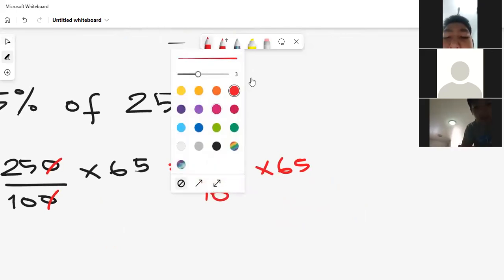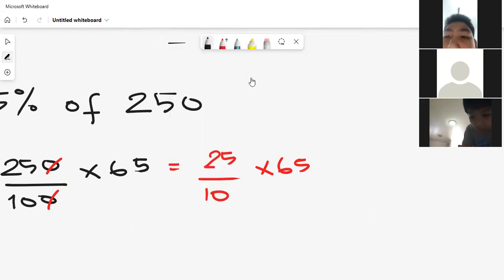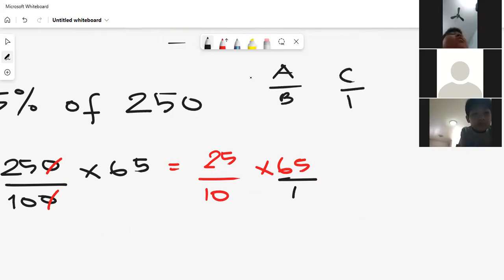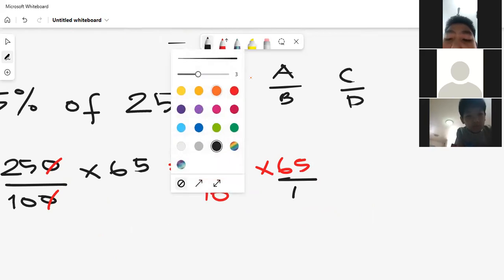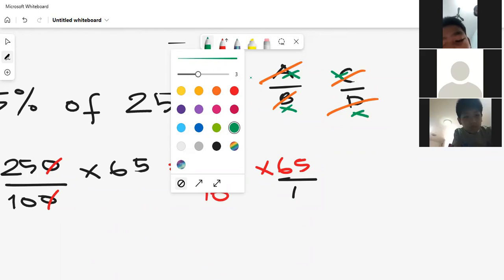Remember with a fraction, for example A, B, C, D: we can cut B with C, and A with D, but A with C and B with D we cannot.